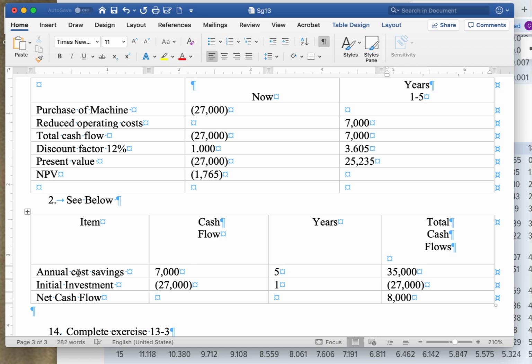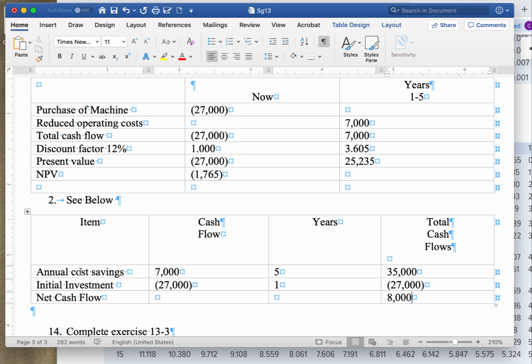Okay, now you might be saying, well, hey, based on just undiscounted cash flows, I should do this project, right? Well, that won't work. Yeah, it's positive, that's great, but we're not factoring in time and interest.